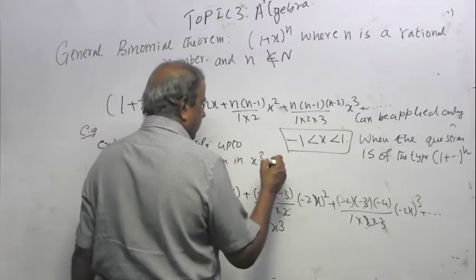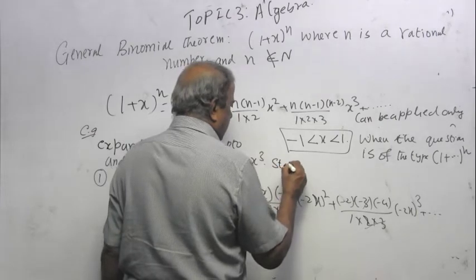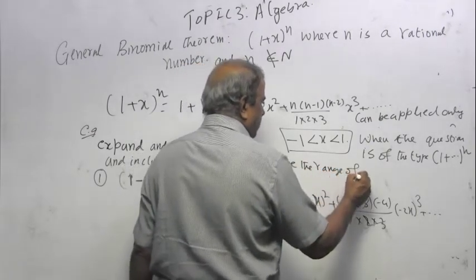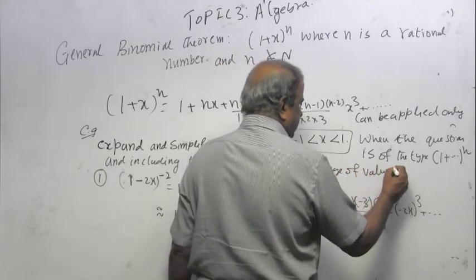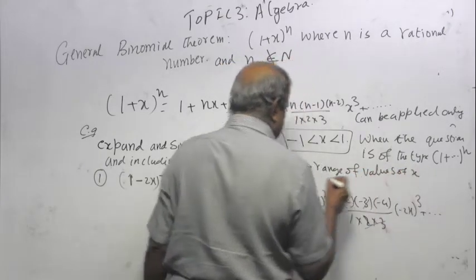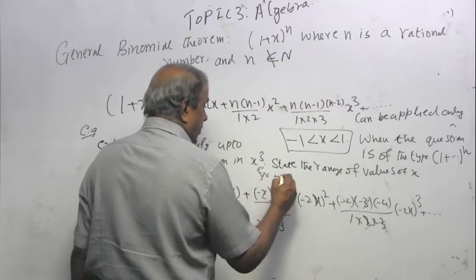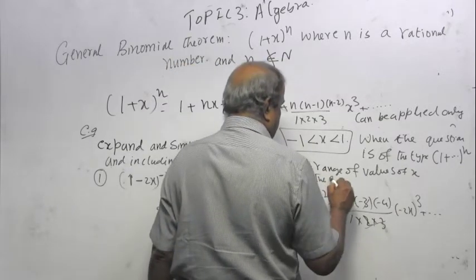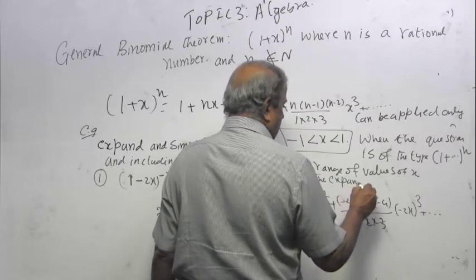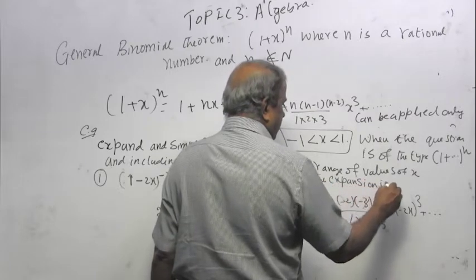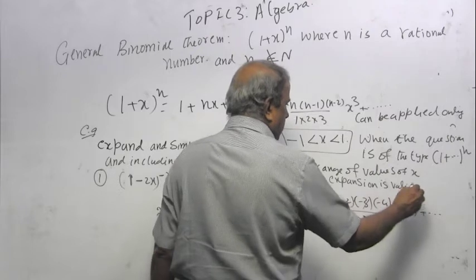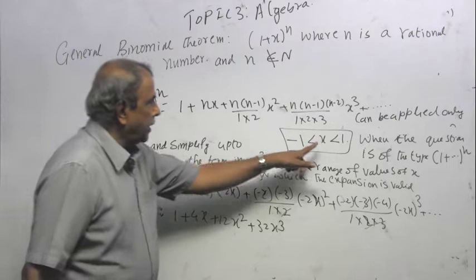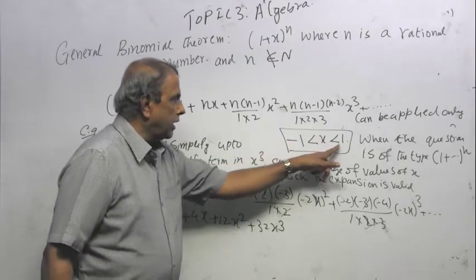It also says state the range of values of x for which the expansion is valid. Don't worry, you don't have to copy. As I told you, you'll get the handout. Remember, if you have (1 + x)^n, your x must be between -1 and 1.